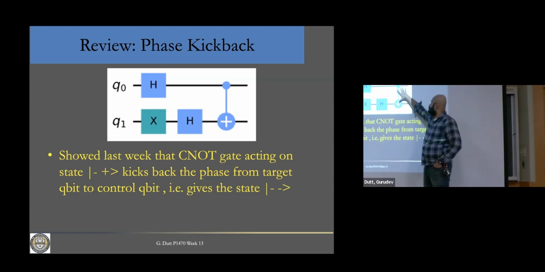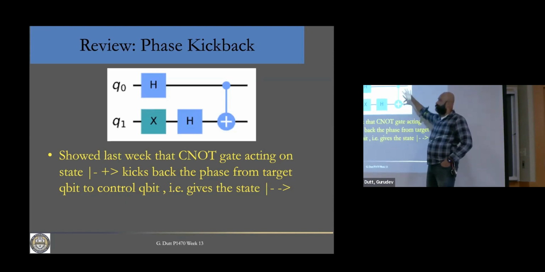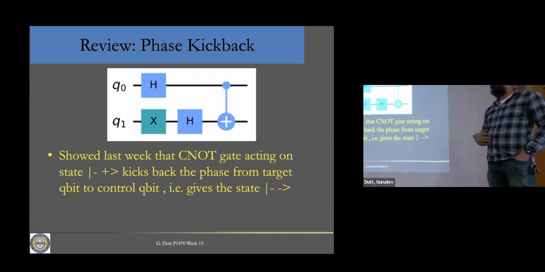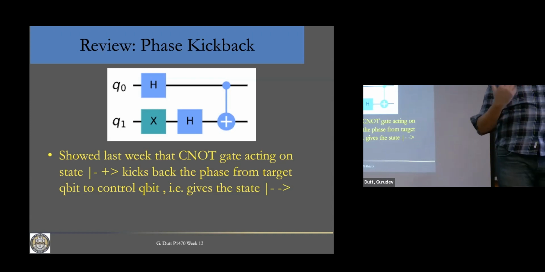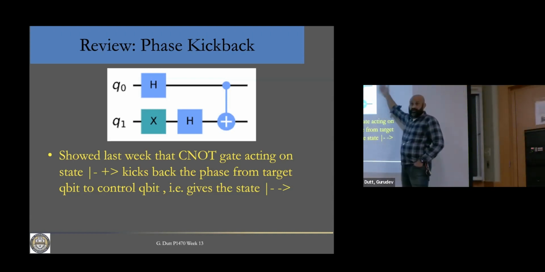So if I take this CNOT gate and surround it by Hadamards on both sides, then that is equivalent to a CNOT gate with the control and target swapped, the control being the bottom qubit and the target being the top qubit. Because of that identity, we get this phase kickback, basically.